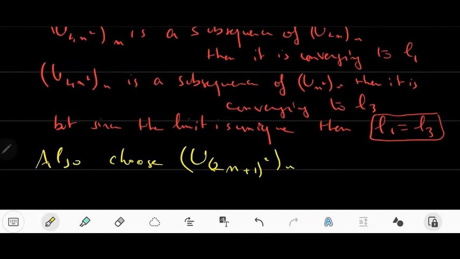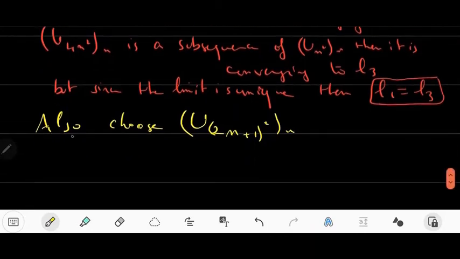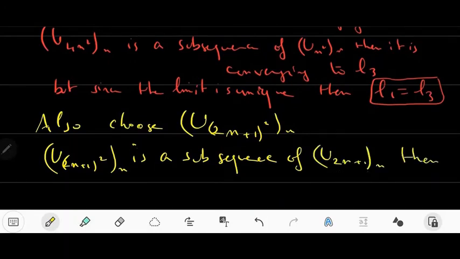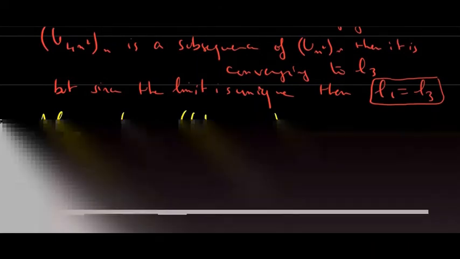So choose this one: u_{(2n+1)²} is a subsequence of u2n+1, then it converges to L2.